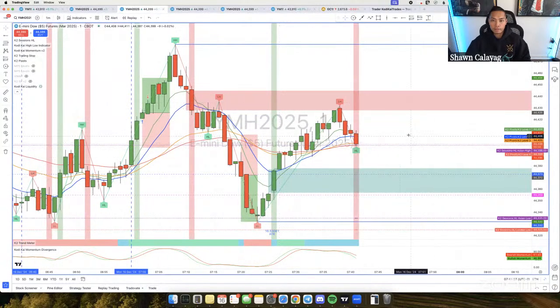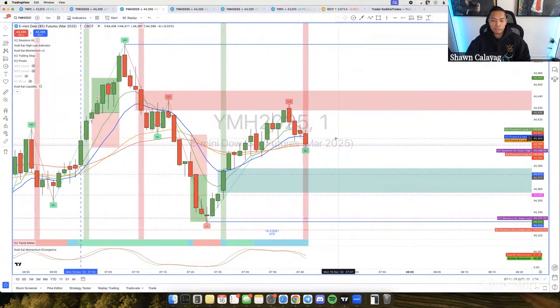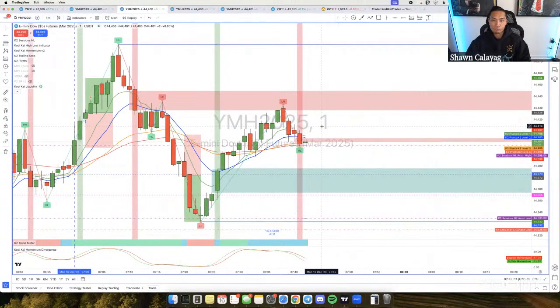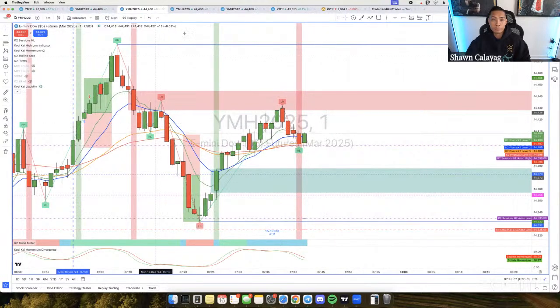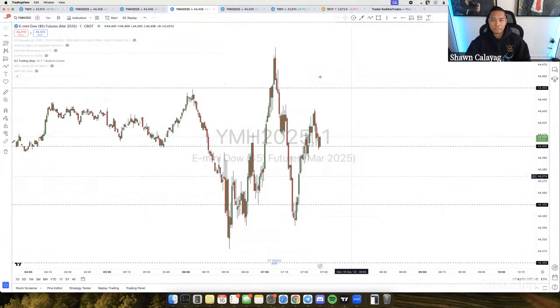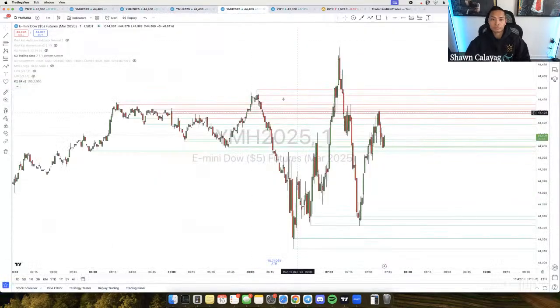All right, so we may be getting a trend shift right here, or maybe not. We'll see. Again, price is just sitting down right here right now. Here's our SR chart, super messy.